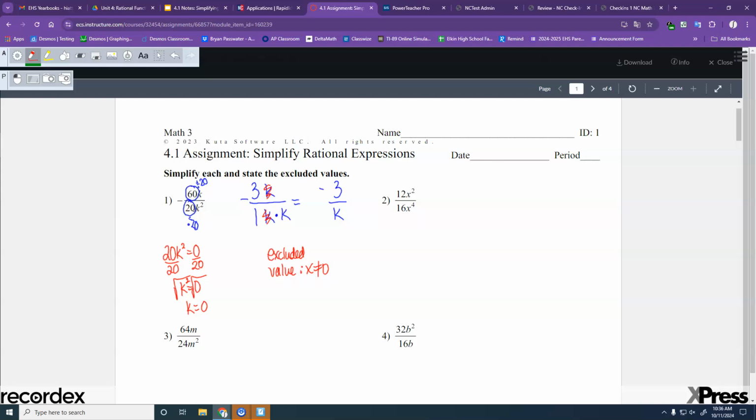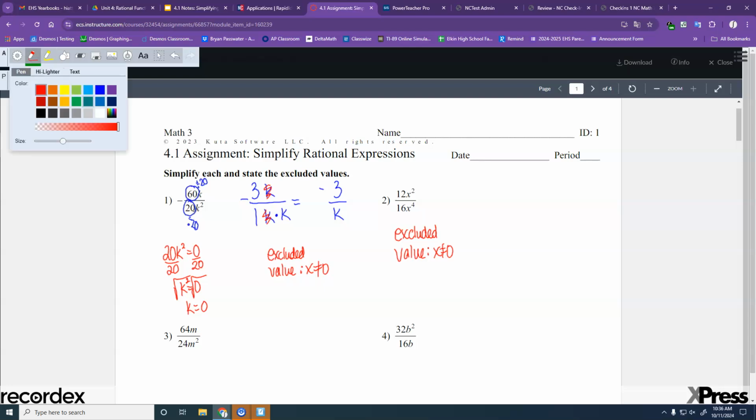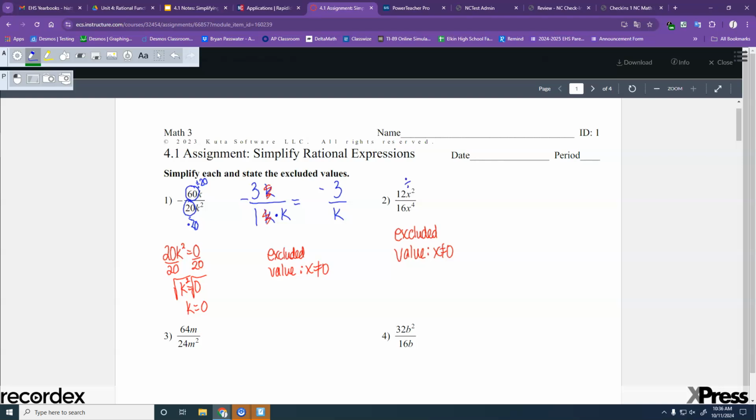So if I do number 2, what's my excluded value for number 2? It's also going to be that x cannot equal 0. So if I want to reduce that one, what number could I divide the top and the bottom by? 4. I could divide by 4. So if I divide by 4 on the top, I will get 3. If I divide by 4 on the bottom, I will get 4.